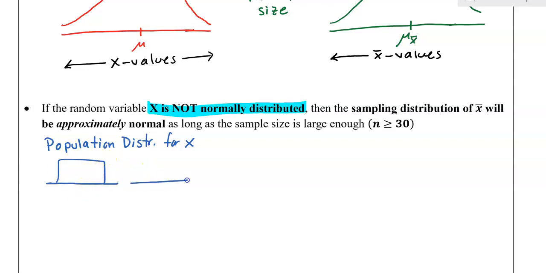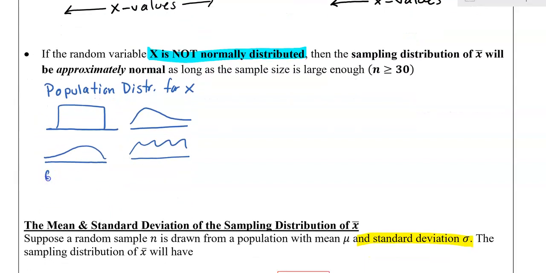It could be any other shape. It could be skewed right or skewed left, or it could be complex, all over the place. Or sometimes it's simply unknown. You don't know the shape at all. But of course, there's always a mean and a standard deviation for this distribution.